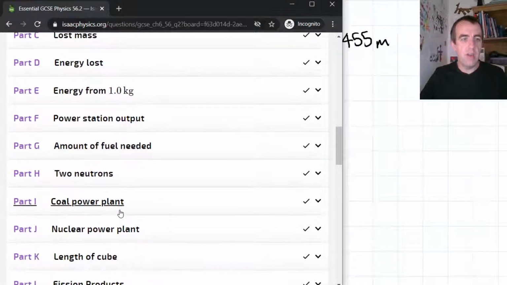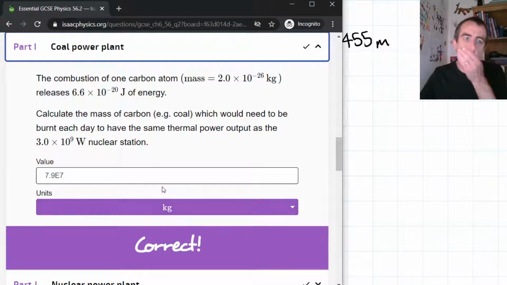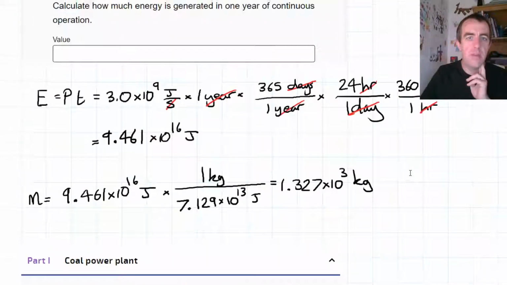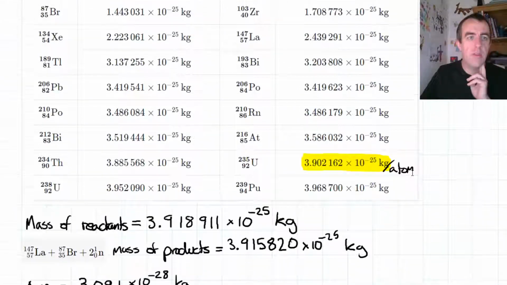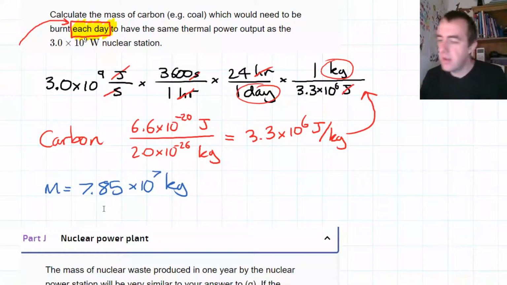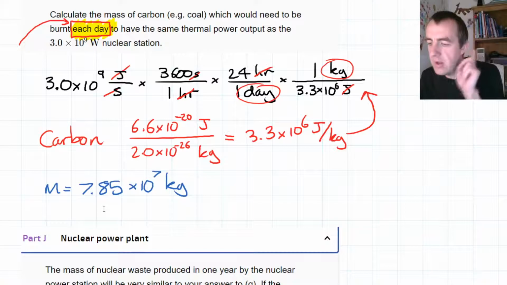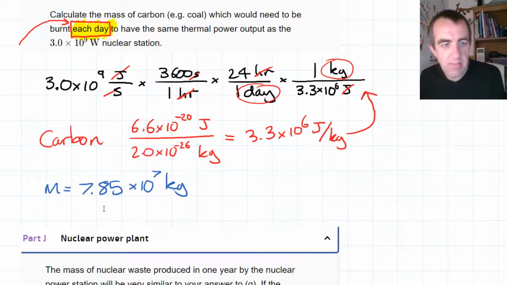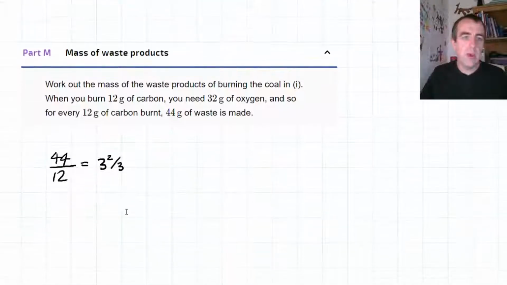I don't remember what I was. So that was the amount of fuel, 7.9 times 10 to the 7. Where was that? 7.9. So let's multiply that factor, 3 2/3, by the amount of fuel, 7.85 times 10 to the 7, and that tells the amount of waste.